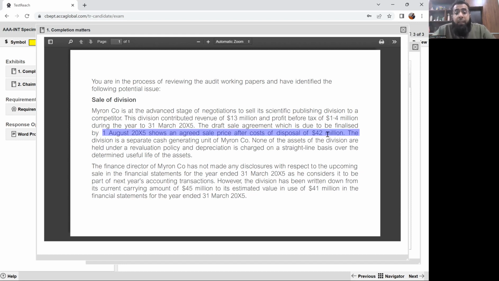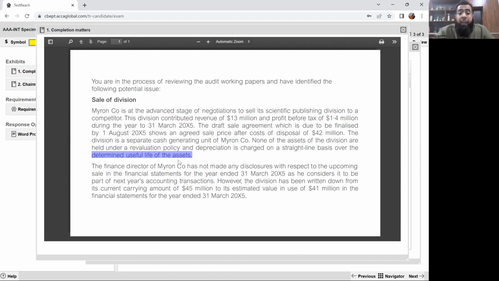The division is a separate cash generating unit of Myron Company. None of the assets of the division are held under revaluation policy, and depreciation is charged on a straight line basis over the determined useful life of the assets. Once the assets get classified to held for sale category, the depreciation should stop from that date.